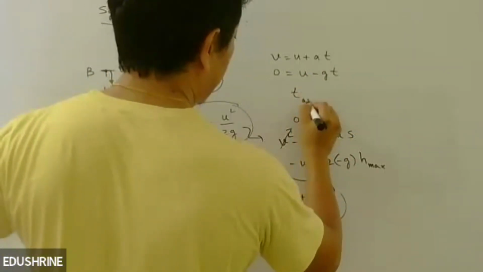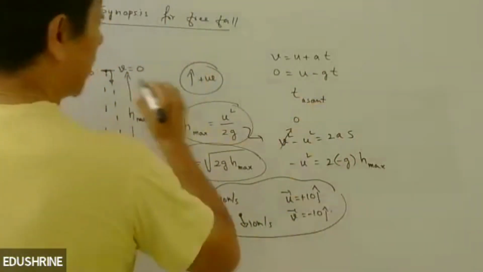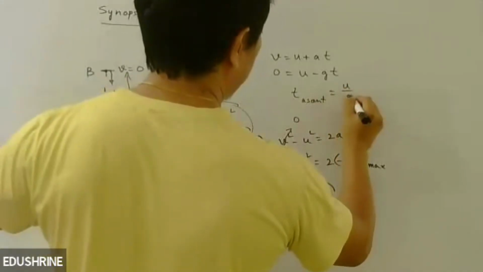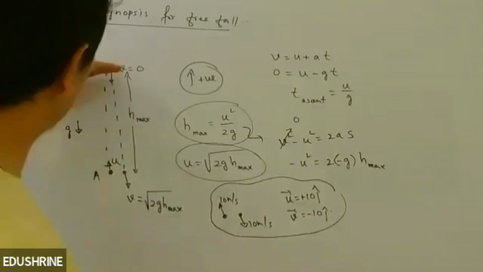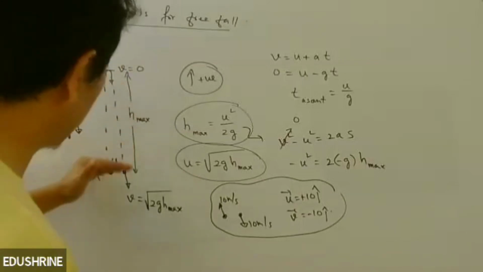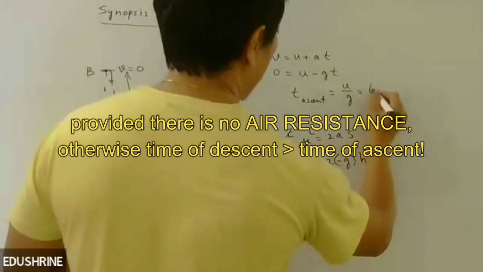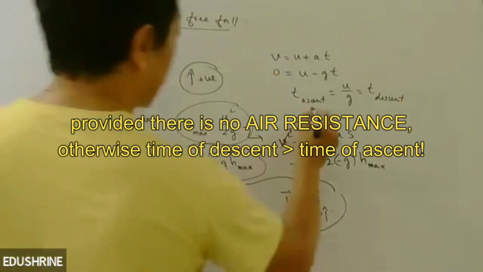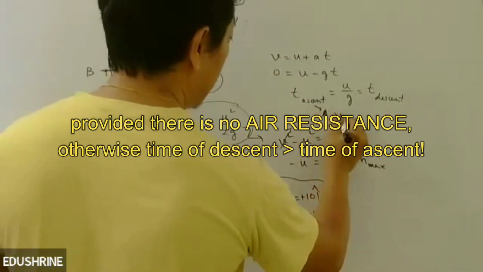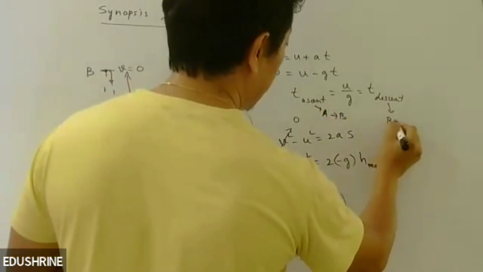So time of ascent, while going up, is u by g. And because there is symmetry, whatever time it takes to go up, the same time it takes to come down. So this is also the time of descent. Ascent means from A to B, descent means from B to A.